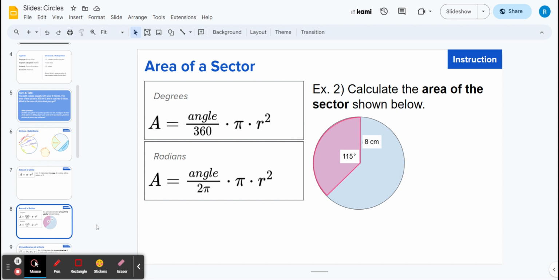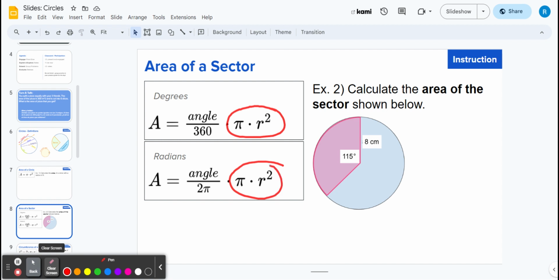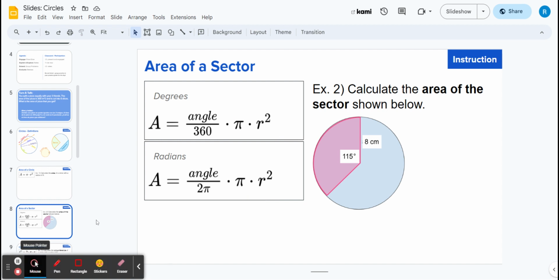We can also use this area formula here. Notice how it shows up here and here to calculate the portion of a circle, or a sector of a circle. So these two formulas, one in degrees, one in radians, calculate our area of a sector.